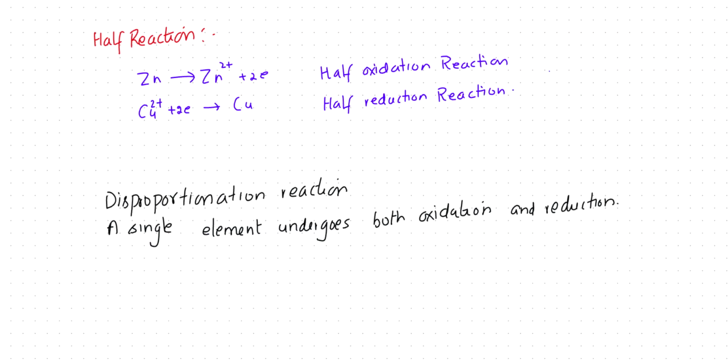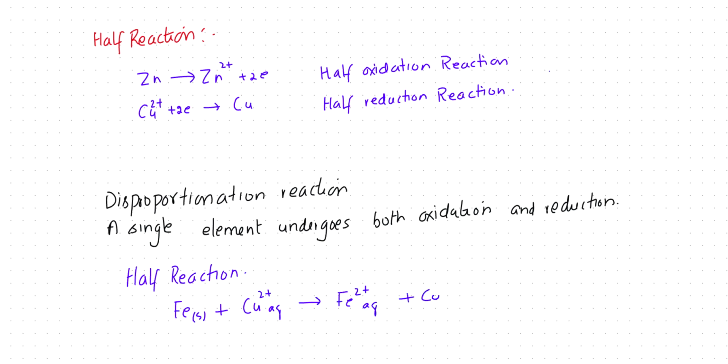So we'll write some examples of half reactions. Fe solid plus copper 2 plus aqueous forms Fe2 plus aqueous plus copper solid.